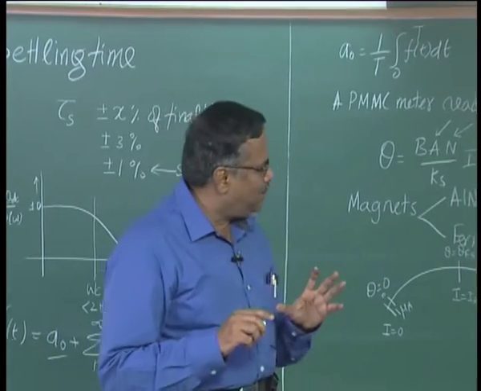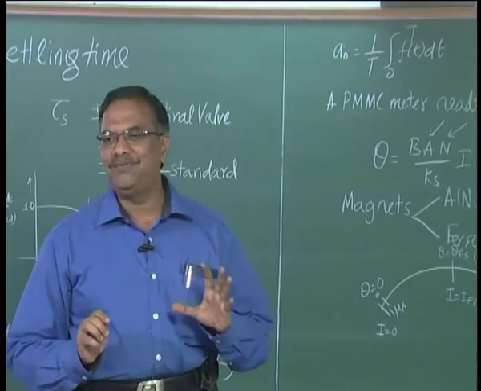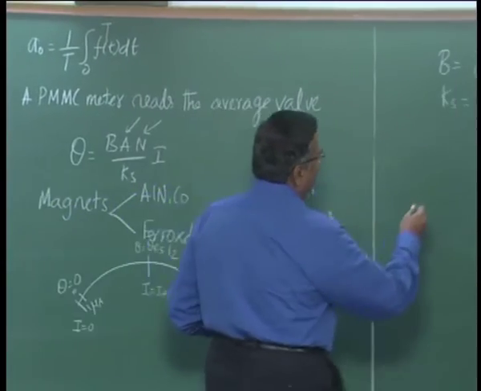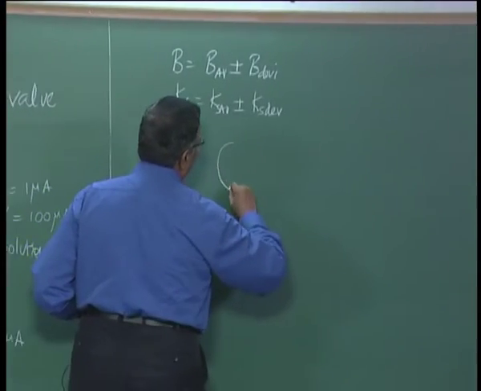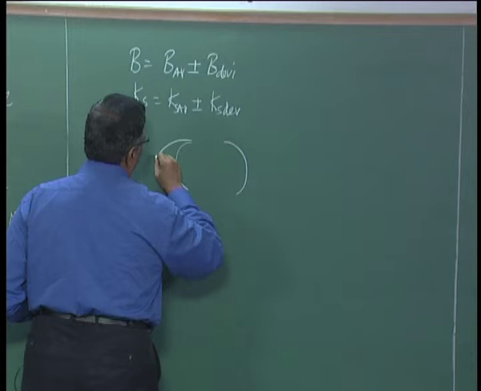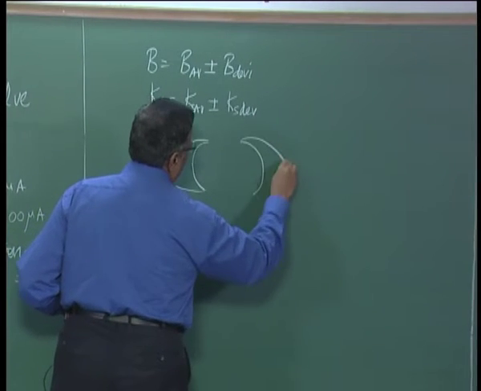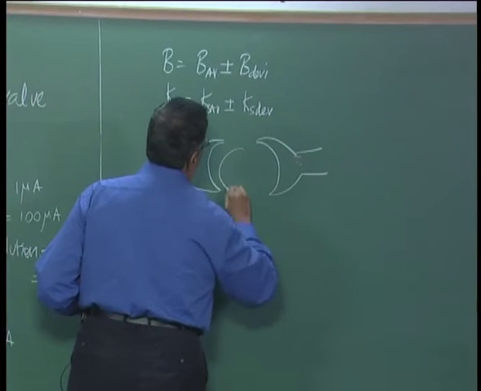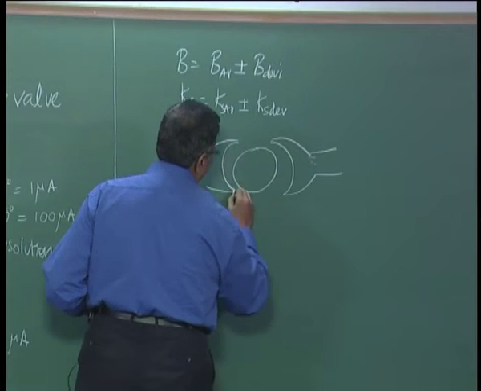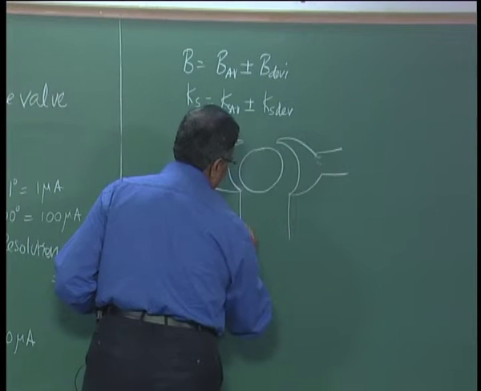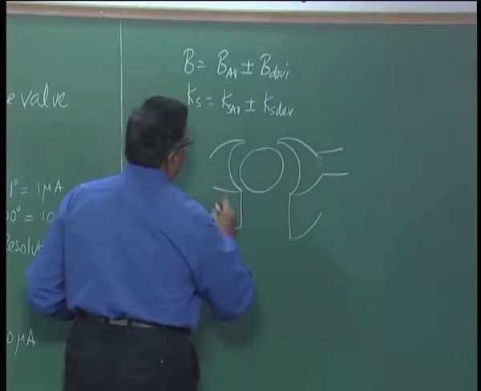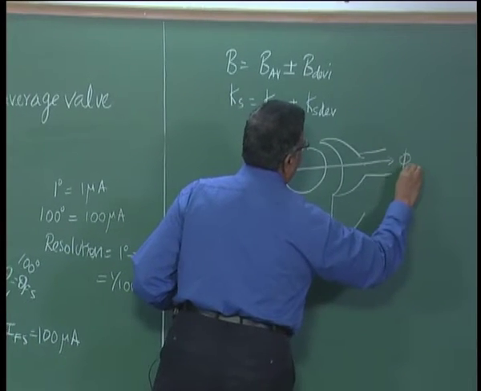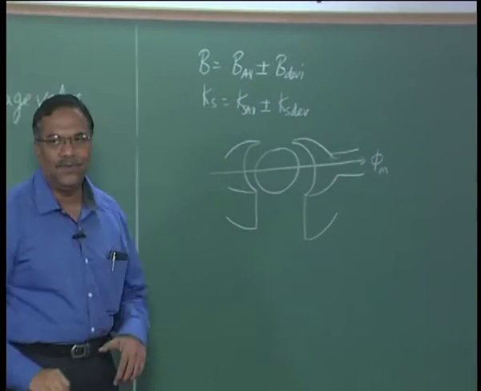So the method that the manufacturer adopts is very simple. If you really look at the meter, the flux, there is a main flux phi, I call this phi for the meter.